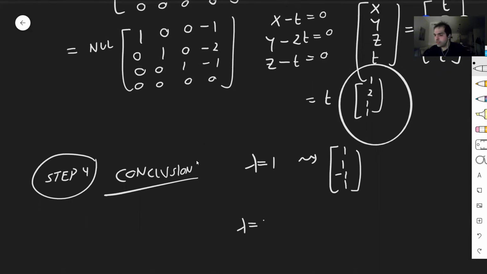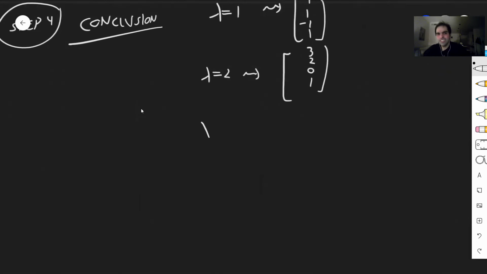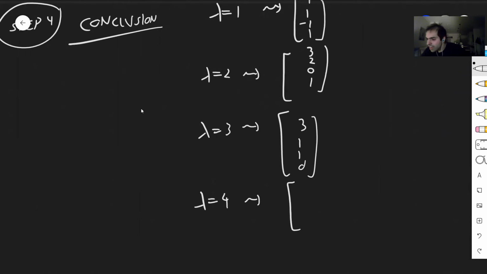For lambda equals 2, so let's say fire, water, we have 3, 2, 0, 1. Wind, lambda equals 3, we get 3, 1, 1, 0. And earth, we get 1, 2, 1, 1.